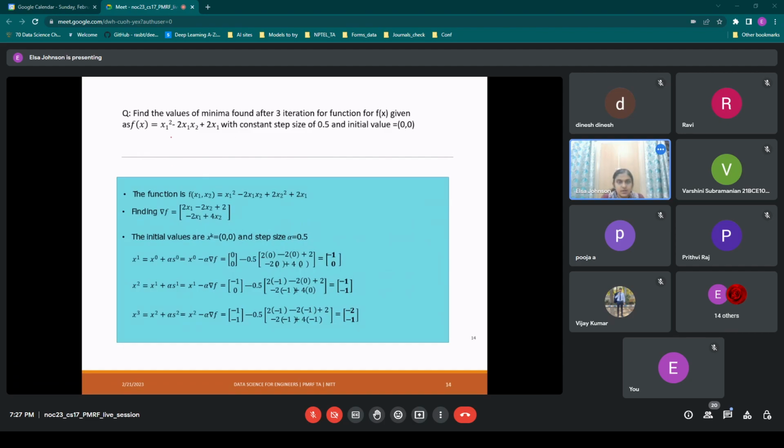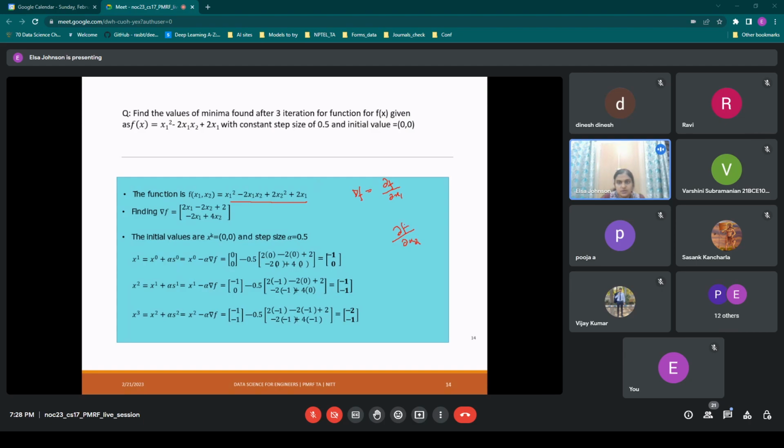Now this one is an example. f(x1, x2) is given as x1 squared minus 2x1x2 plus 2x2 squared plus 2x1. You can find the del f for this one, right? Del f equals dou f by dou x1, dou f by dou x2.